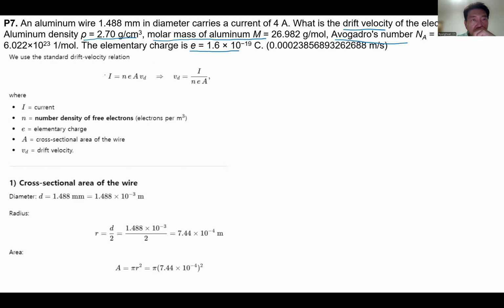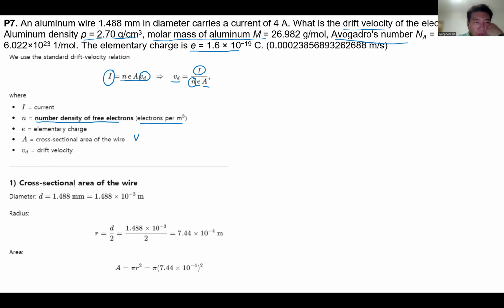So in this case, our current is related with the drift velocity like this, and such that our drift velocity can be found for a given current, and this N, e, and A. Here, N is, note that, the number density of free electrons, number per cubic meter. A is the cross-sectional area of the wire.